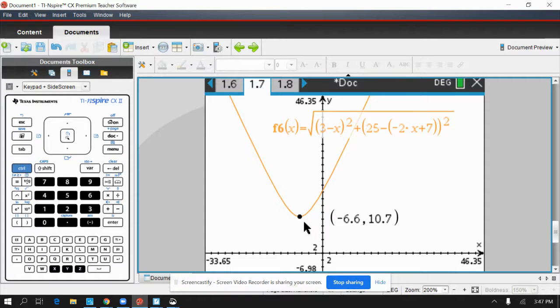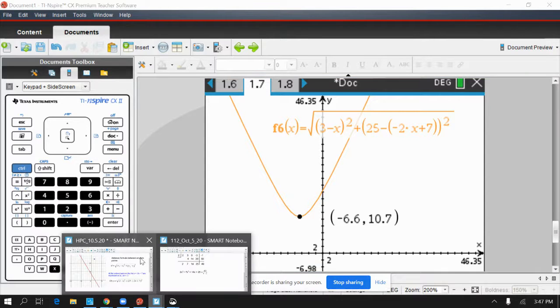So it's (negative 6.6, 10.7). But what do these two numbers mean? This ordered pair is on this function. The y value is the distance, and the x value is just the x value that's on my line.